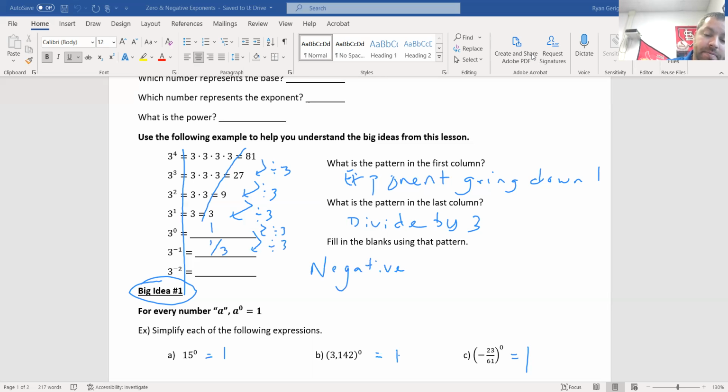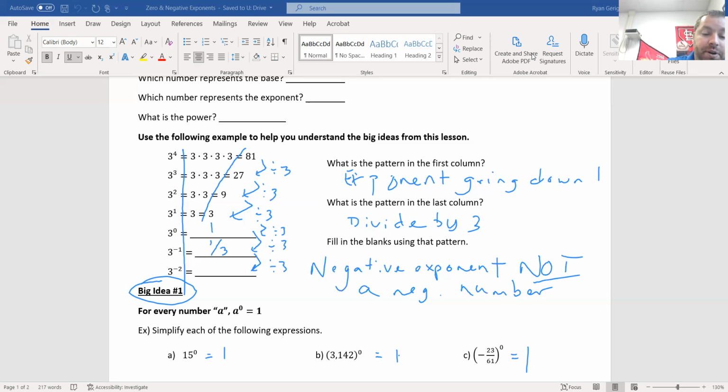Negative exponent is not a negative number. Okay, please get that through your head very, very quickly. Another way of thinking of it is a negative exponent is repeated division. It might be a little confusing, but I can explain that further if you'd like in class.